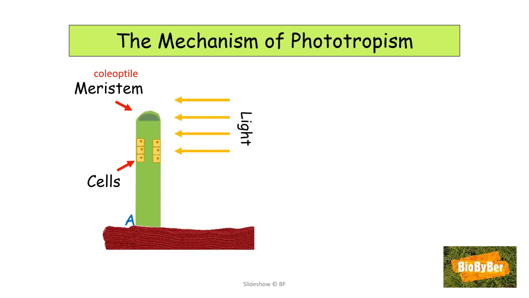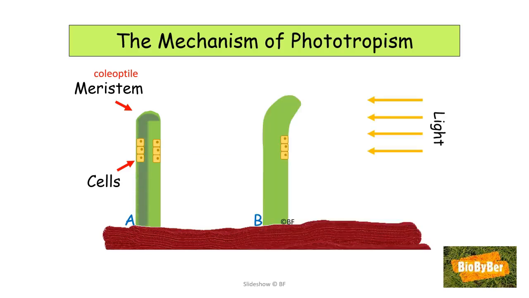When light from the side, unilateral light, shines on this meristematic tissue, the auxin diffuses down the shaded side of the stem. This means that the shaded side of the stem has a higher auxin concentration, as we can see here in picture A. As a result of this higher auxin concentration, the cells on the shaded side will elongate.